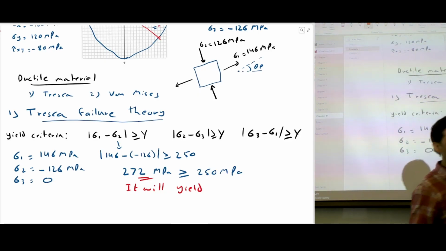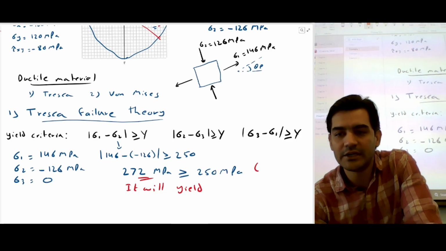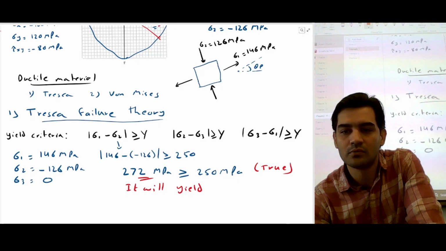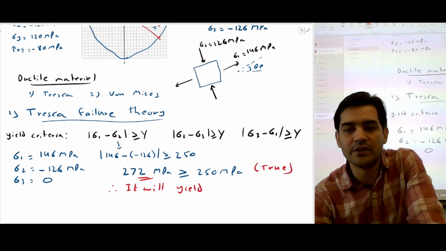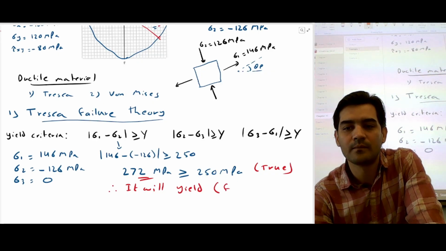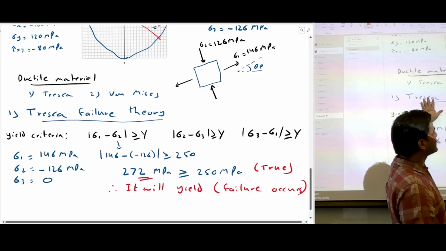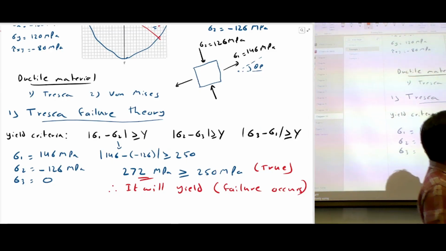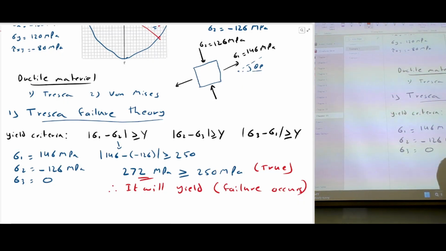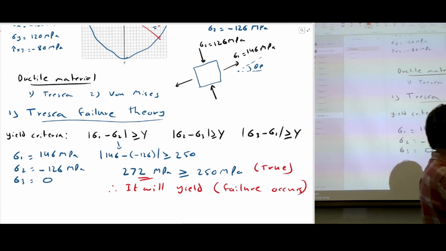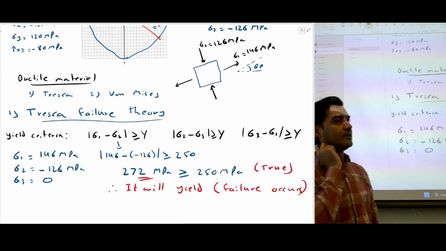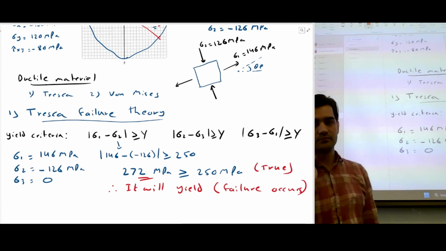This condition is true. Therefore, it will yield and failure occurs. So if we use Tresca failure theory under our loading condition, this theory says that it will fail. You will observe yielding in our given loading condition.